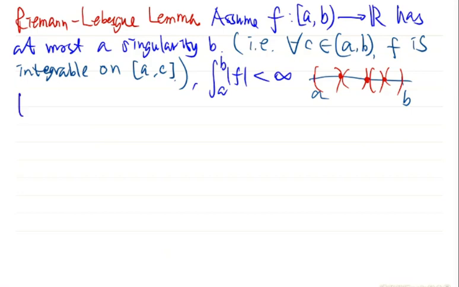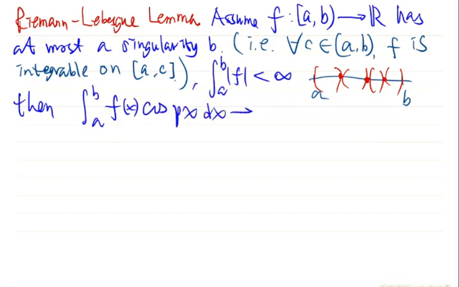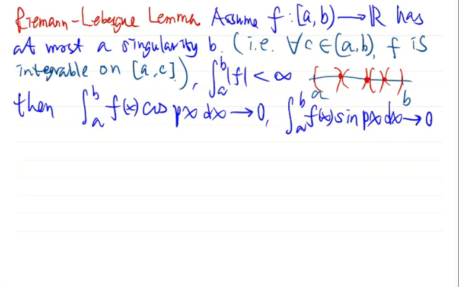Then we have the limit of the integral of f(x) cosine px dx equals 0 as p goes to infinity. So this result is called the Riemann Lebesgue lemma.